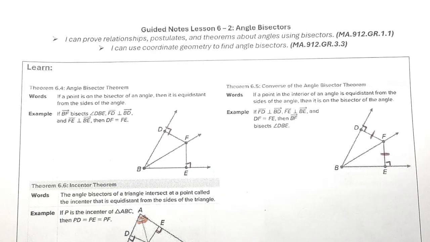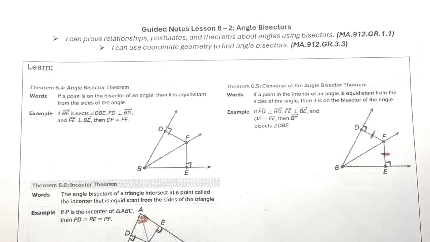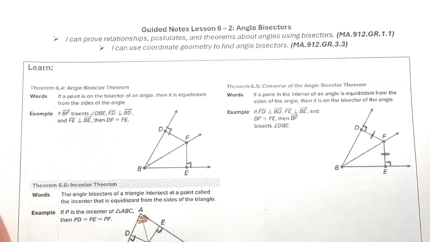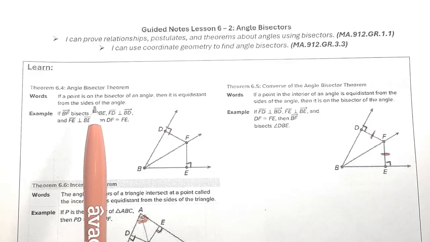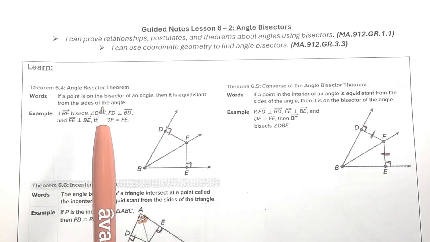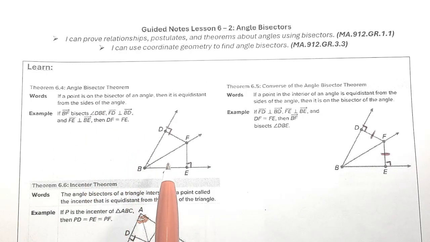All right. So 6-2 has two standards, GR1.1 and GR3.3. Let's get into theorem 6-4, the angle bisector theorem. If a point is on the bisector of an angle, so if it's on this ray BF, then it's equidistant from the sides of the triangle.